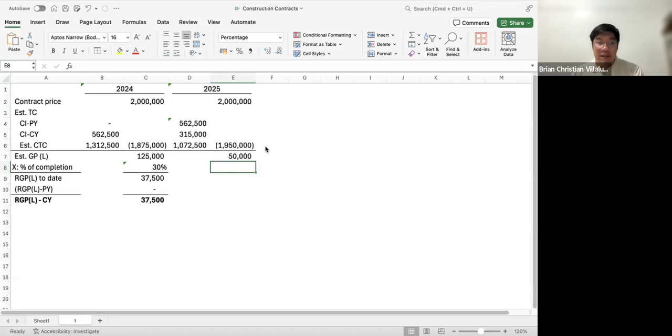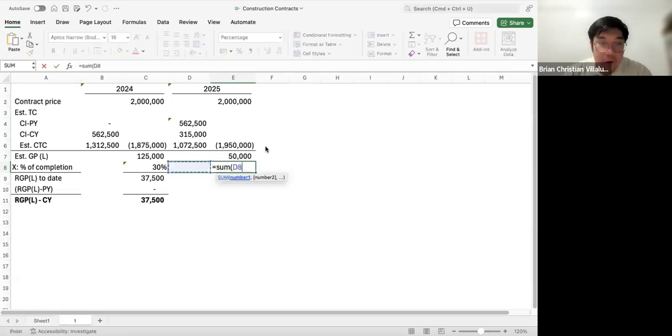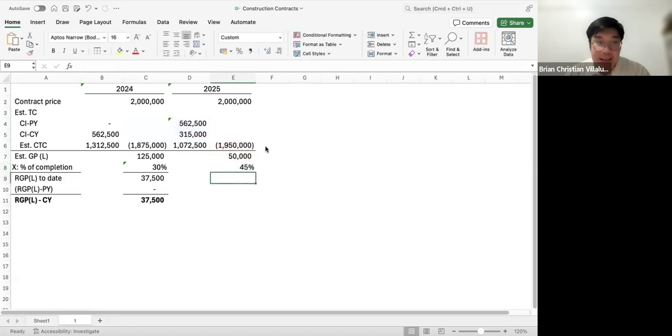Compute again for the percentage of completion as of December 31, 2025. So that would be equal to cost incurred to date divided by estimated total cost, which will now be equal to 45%. So by the end of 2025, the completion progress of the project is already at 45%, which is in terms of the cost.